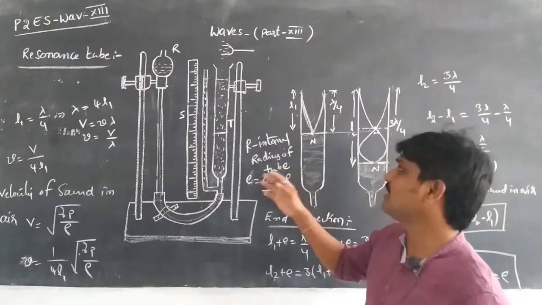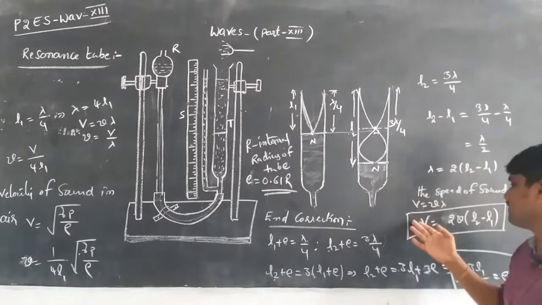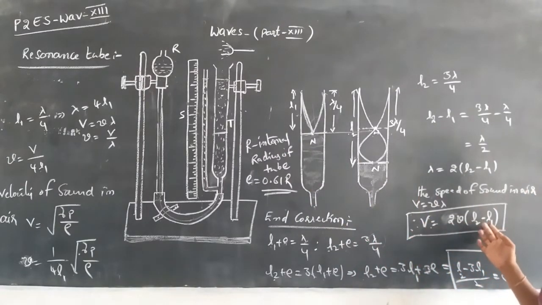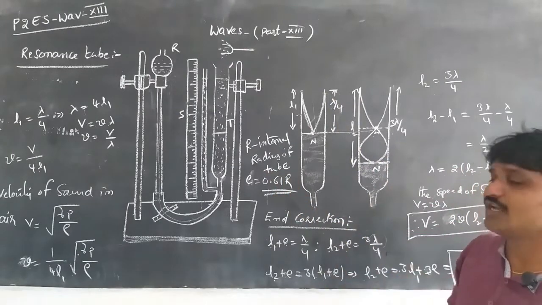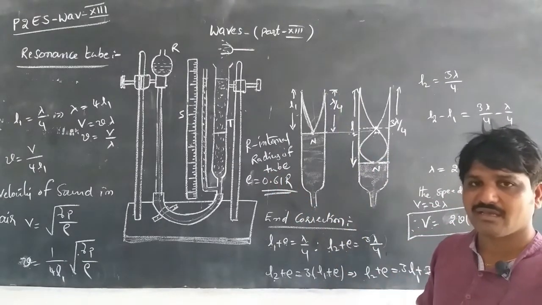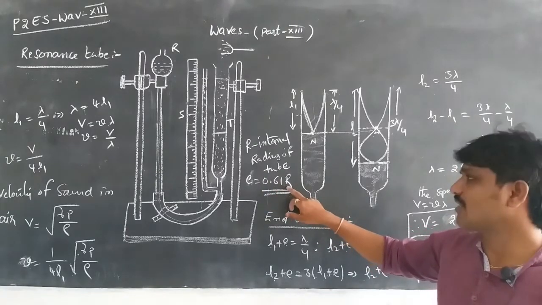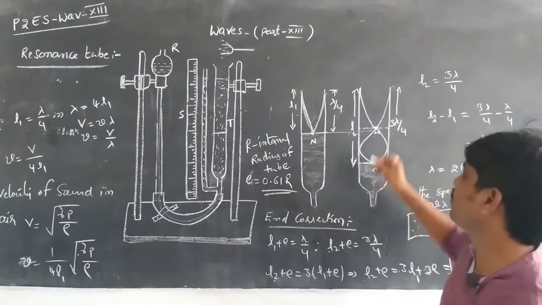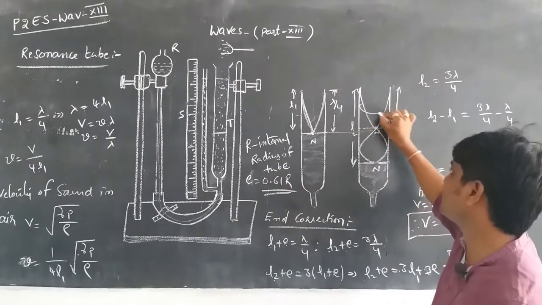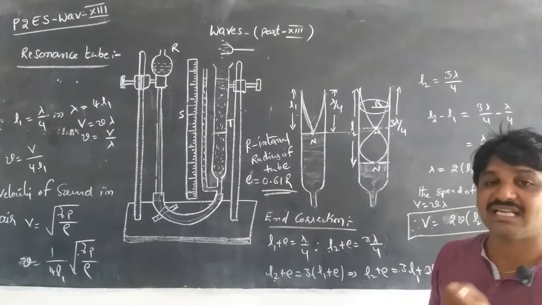By taking the L1 and L2 values, we get the equation V is equal to 2 nu of (L2 minus L1). Whenever there is an end correction, we should follow that. We already know from Rayleigh that the end correction is equal to 0.61 R, where R means the internal radius of the tube.